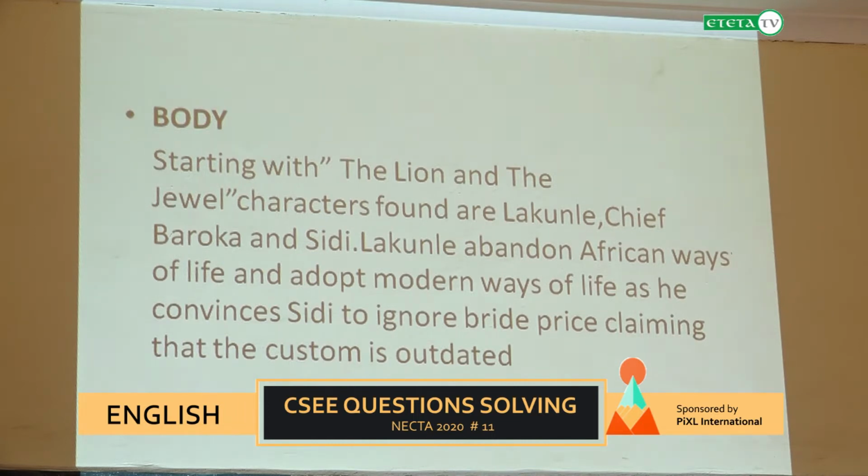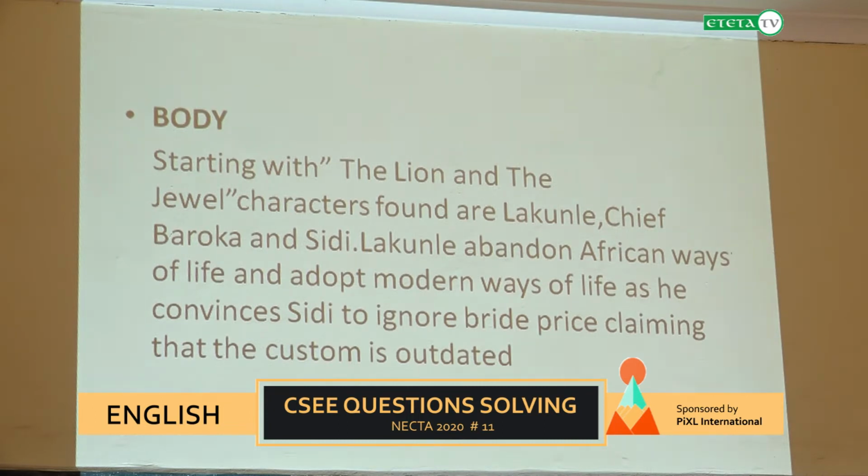Lakunle abandoned African ways of life and adopted modern ways of life. How? As he convinces Sidi to ignore bride price. Bride price is an element of traditional culture, and Lakunle is against such things, claiming that the custom is outdated. That is point number 1 for the first reading.